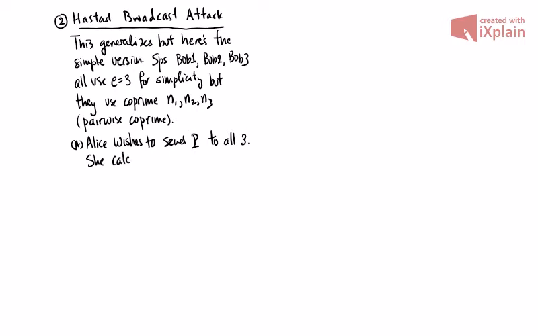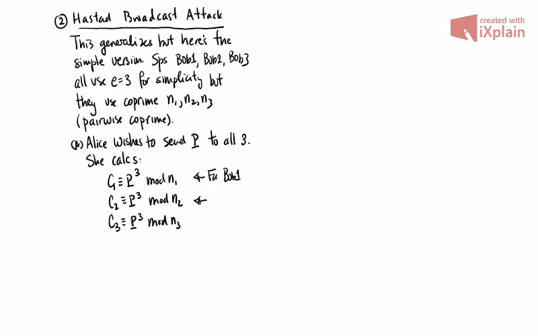So what does she do? She does the obvious. She calculates the following. She calculates C1, which is P to the 3 mod n1, C2, which is P to the 3 mod n2, and C3, which is P to the 3 mod n3. This is for Bob 1. This is for Bob 2. This is for Bob 3.